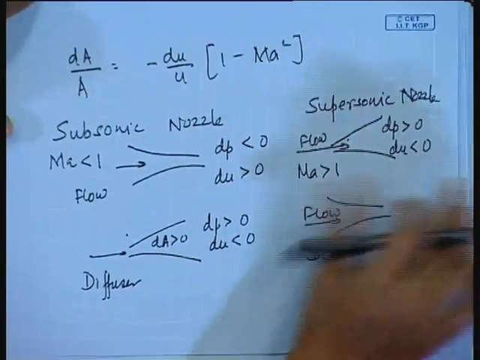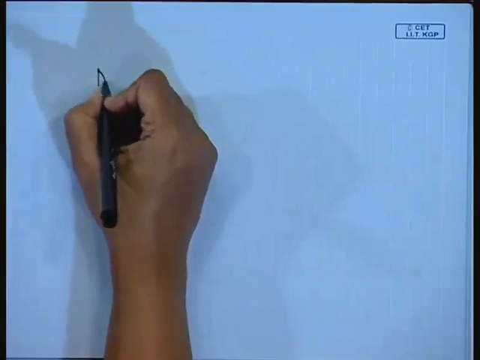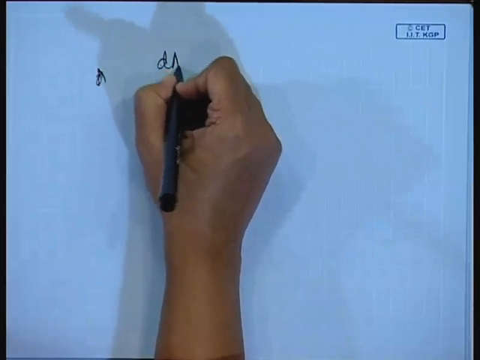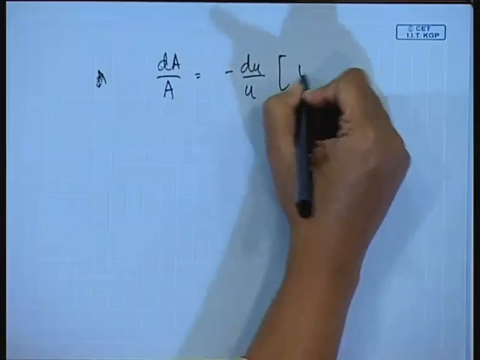The observations are firstly that, I will write down the equation once more on a separate page, that will be easier.